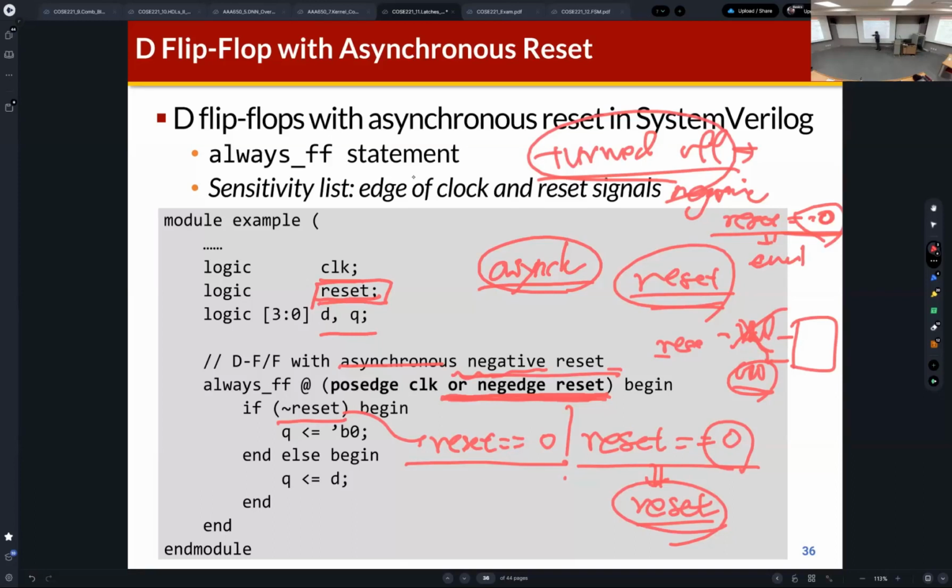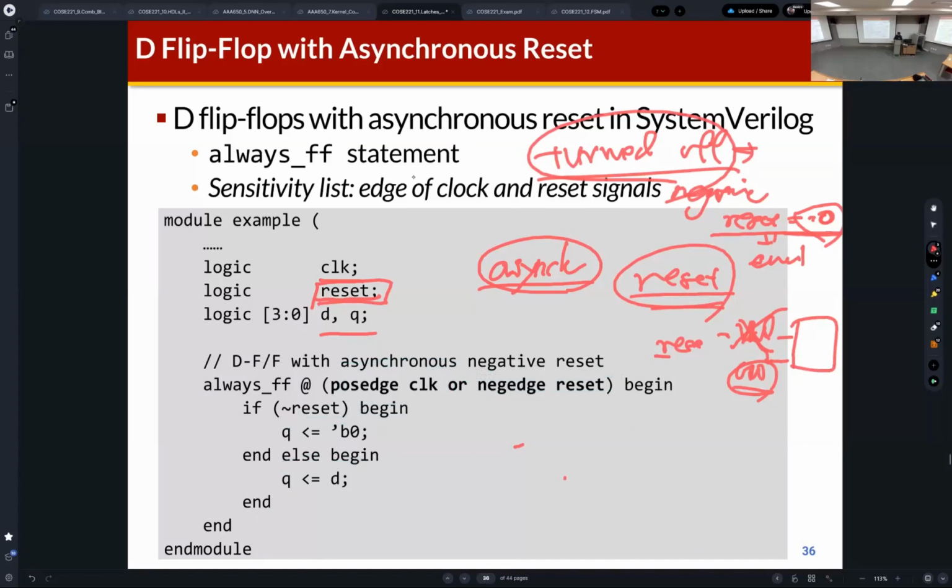Otherwise, else, this is the behavior of the normal flip-flop: Q equals D, at the positive edge of clock. If you see this always statement, then you can understand that this always statement is activated at the rising edge of the clock or at the negative edge of reset.